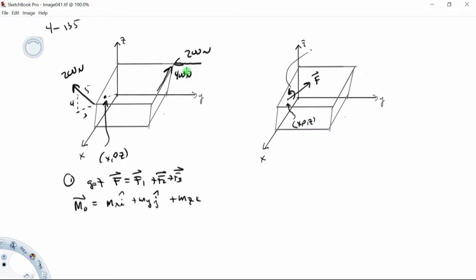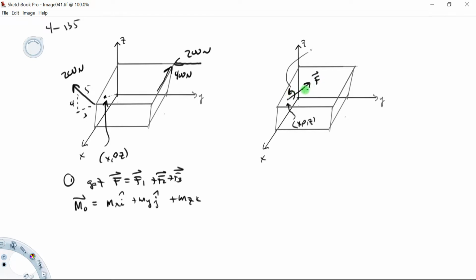So basically now we're going to try to take this picture and we are going to replace it with this picture where we have a single force vector. Now I've just drawn an arbitrary force vector, I just put positive basically x, y, and z directions, and a moment vector, a couple moment vector that goes around it. So the idea here is to find these guys.